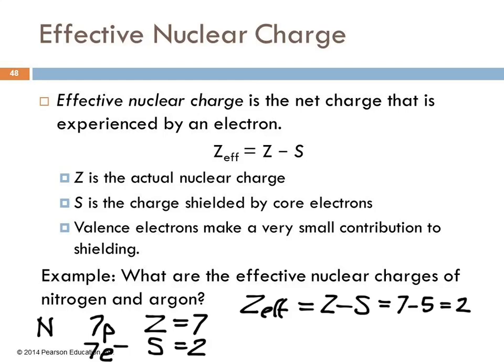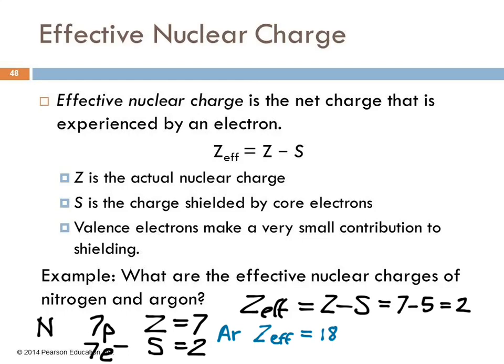So then they're asking us about argon. I'll do this in a different color. Argon. So the effective nuclear charge is the actual charge minus the core electrons. How many protons does argon have? 18.